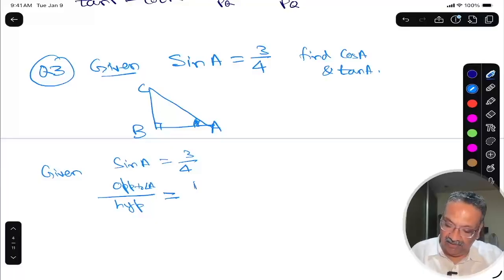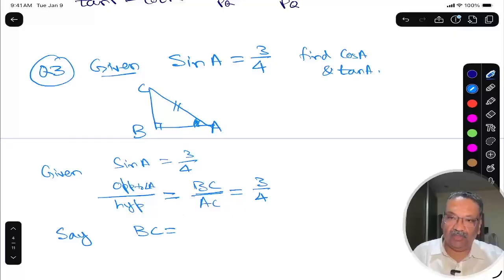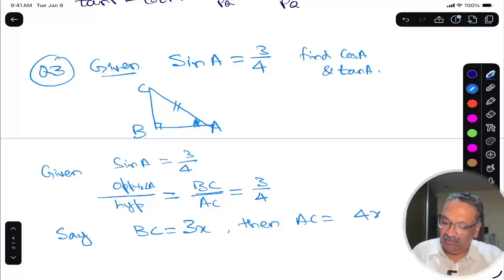It is BC. BC by hypotenuse AC. BC by AC is equal to 3 by 4. Okay. So I will assume, say, BC is equal to 3x. Then AC will be equal to 4x.